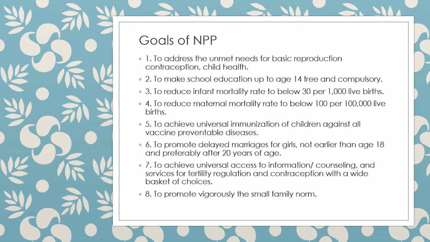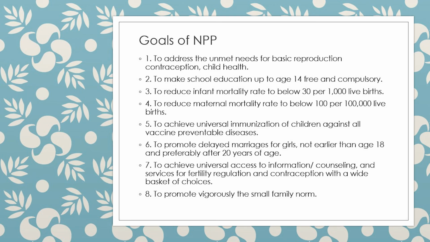Goals of National Population Policy: to address the unmet needs for basic reproduction, contraception, child health. To make school education up to age 14 free and compulsory. To reduce infant mortality rate to below 30 per 1,000 live births. To reduce maternal mortality rate to below 100 per 1 lakh live births.